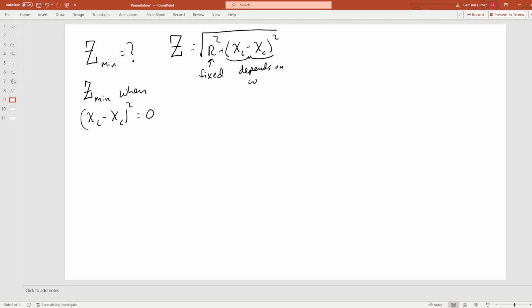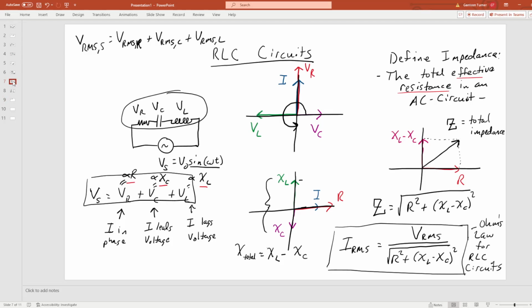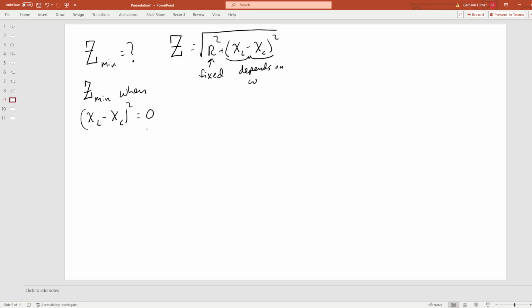And so if you come back to the phasor, if these have the same value, then there won't be any length along the y-axis here, and your total impedance just lies along your resistance. So this is when Z will be minimized.